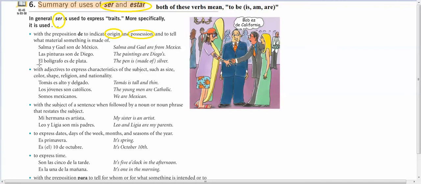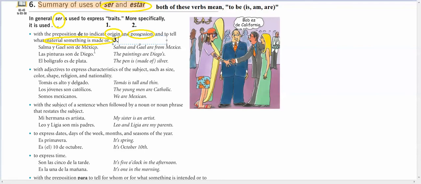And el bolígrafo es de plata. So it's also used to tell what material something is made of. Okay, so that is one, that's two, and this is three.